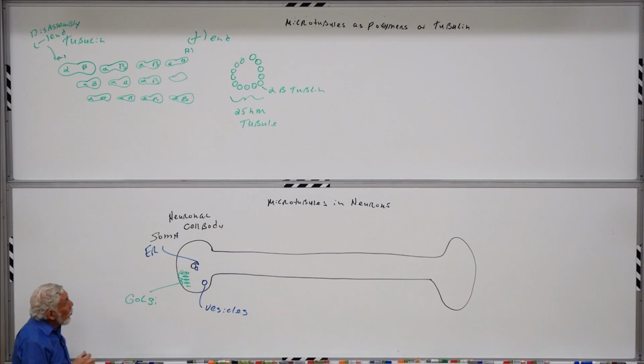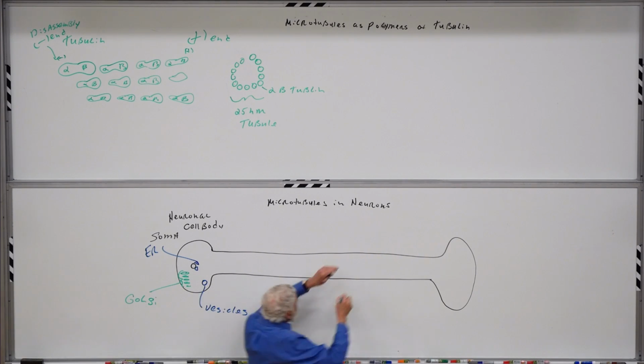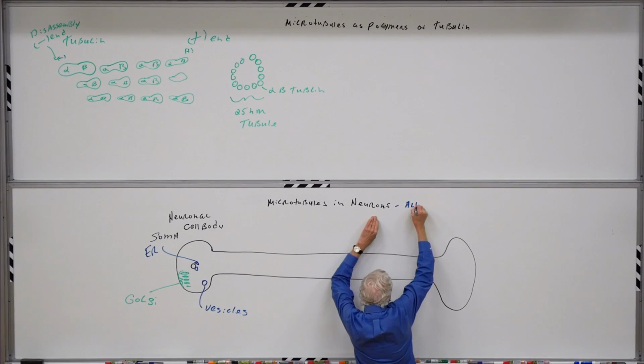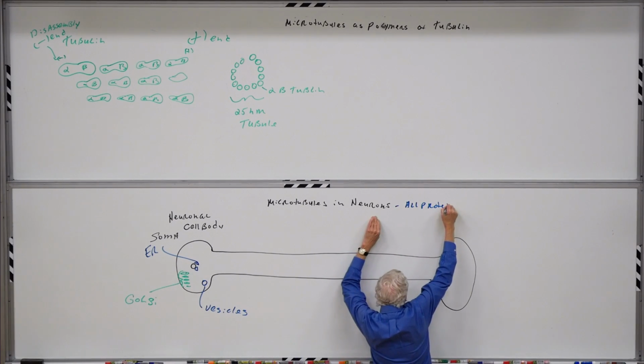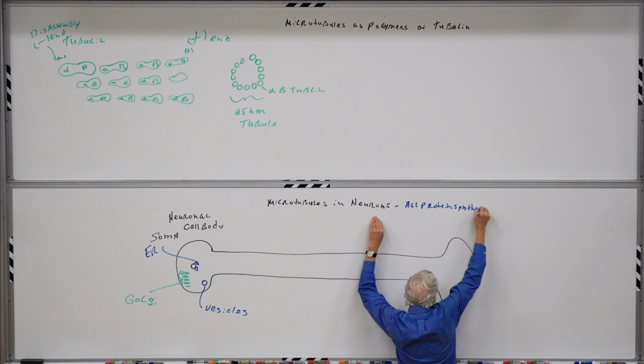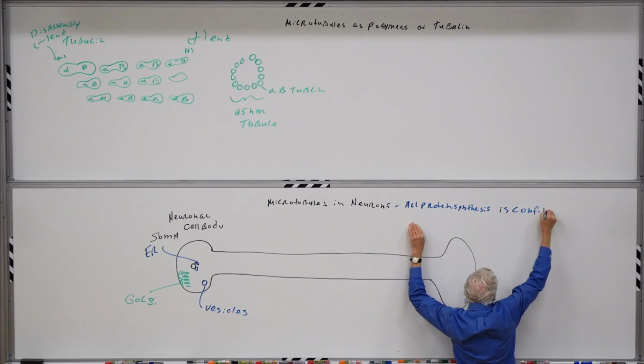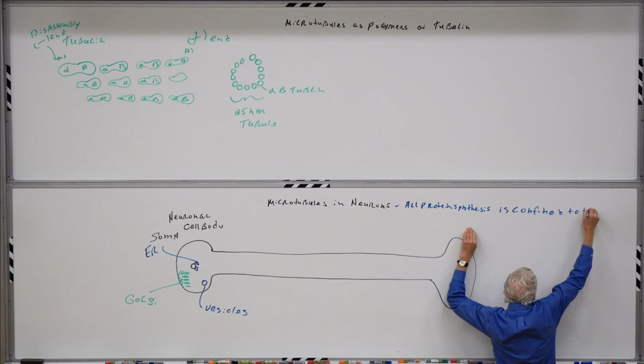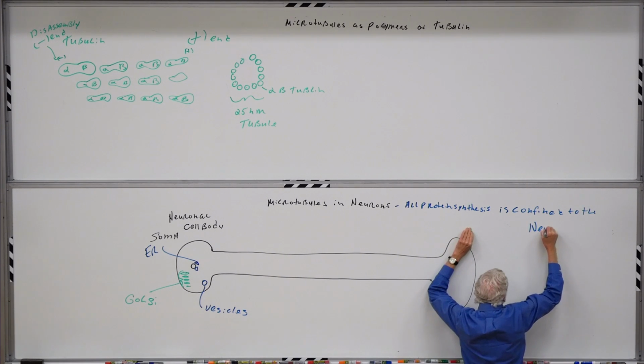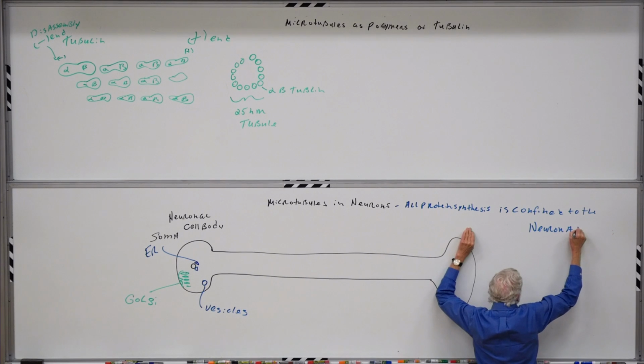Now, one of the peculiarities of neurons is that all protein synthesis is confined to the neuronal cell body.